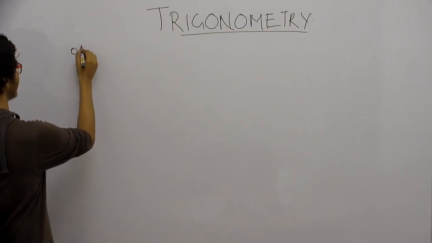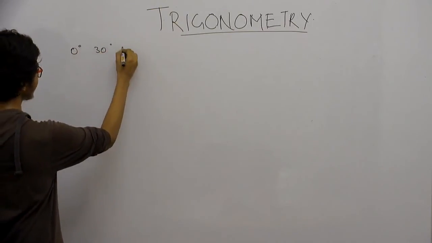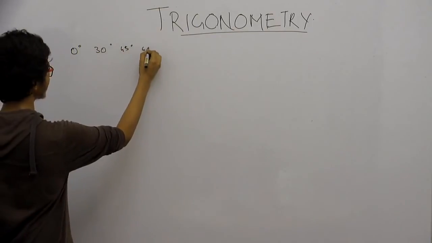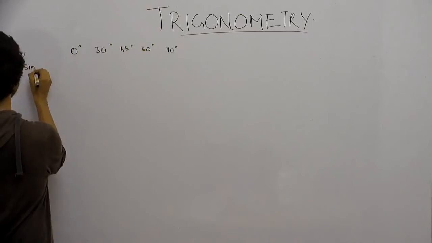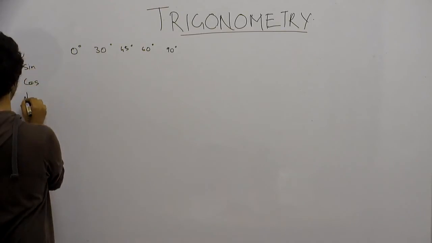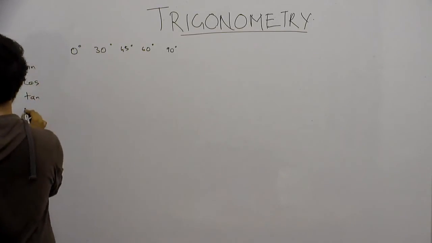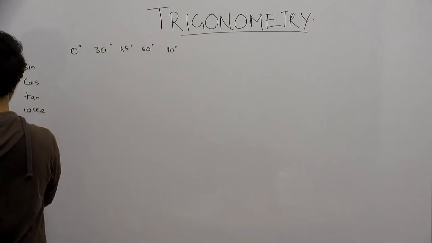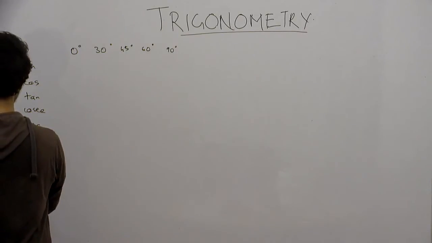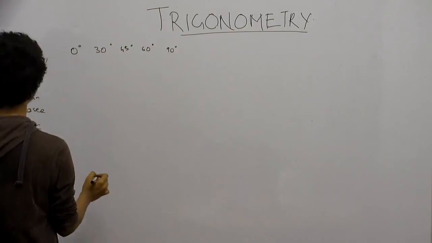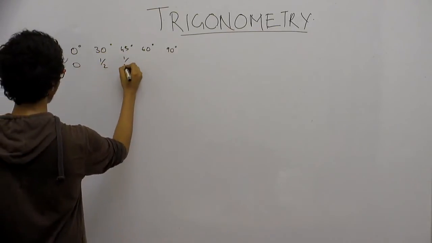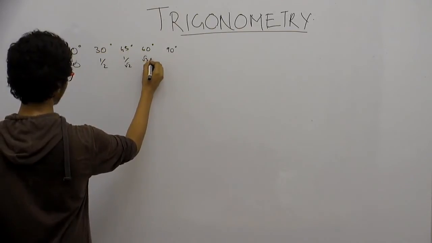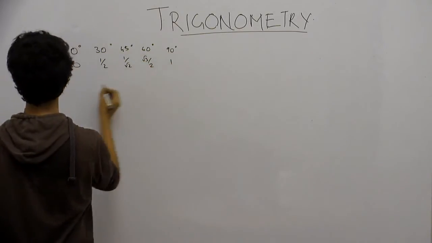We have 0 degree, 30 degree, 45 degree, 60 degree, 90 degree. We have sine, cos, tan, cosec, sec, cot. Sine 0 was 0, sine 30 is half, 1 by root 2, root 3 by 2, 1.